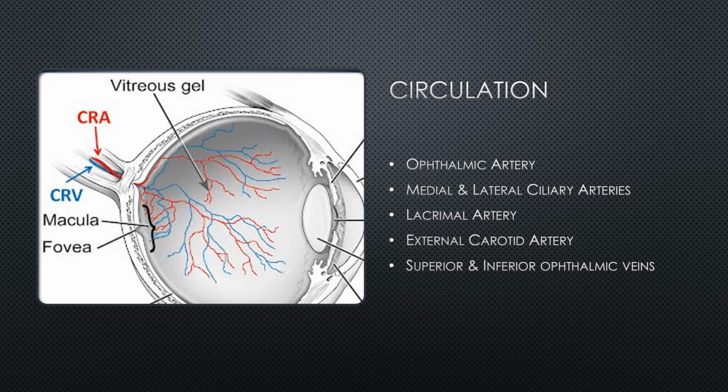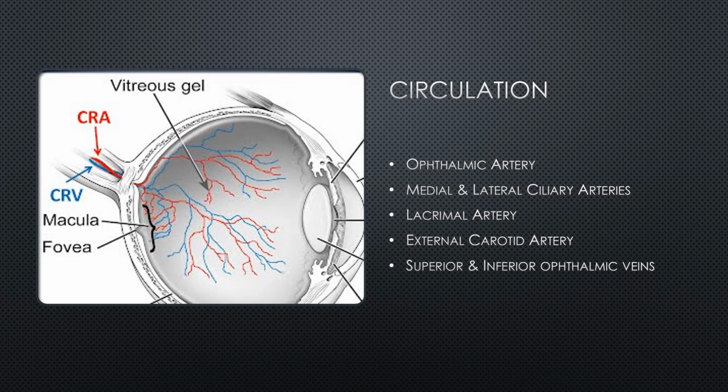The medial and lateral ciliary arteries nourish the choroid and parts of the optic nerve. The lacrimal artery nourishes the extraocular structures. The external carotid artery branches into the external maxillary, superficial temporal, and internal maxillary arteries, which nourish the eye and the eyelids.